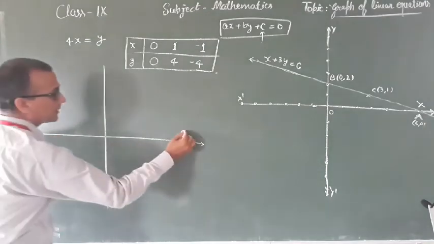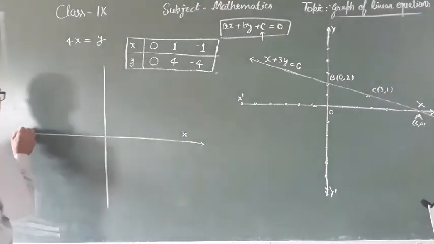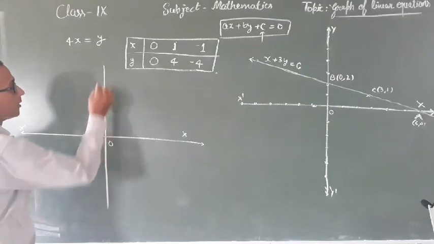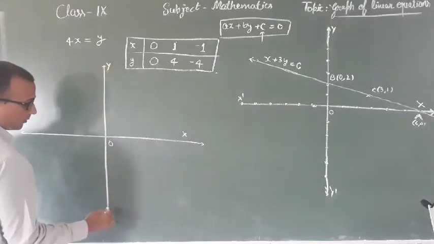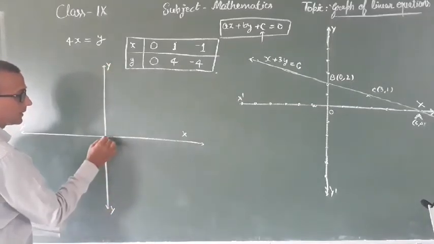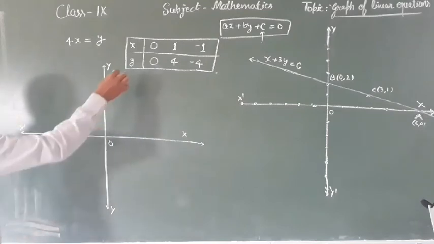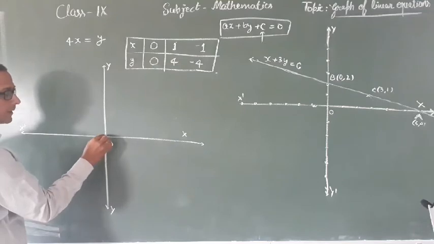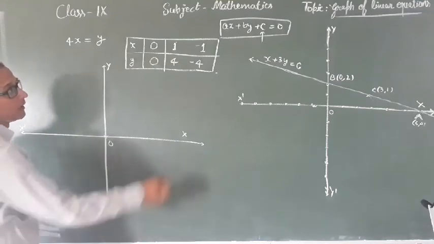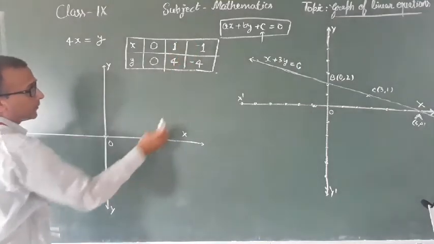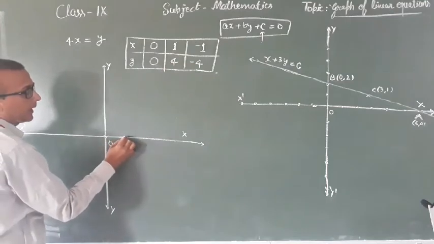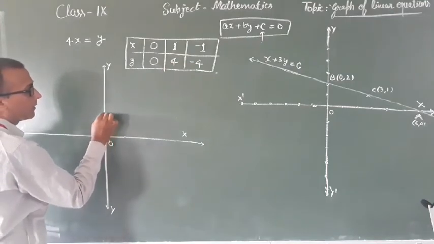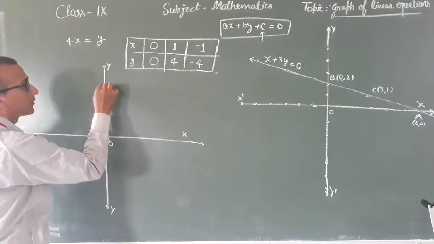It is our axis x dash, y dash, it is origin. First point (0, 0), 0 0 is here, highlight it. Second point (1, 4), 1 and 1, 2, 3, 4.